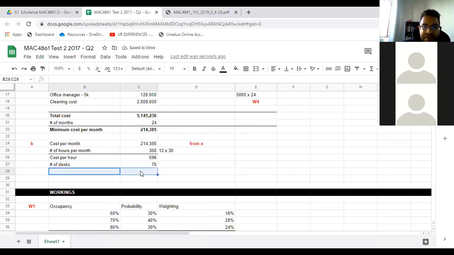So to really break even, we must use what we expect to sell, which is 70 desks. So this now is going to be cost per hour per desk, equal to that divided by 70. So the cost per hour per desk, I'm getting 850.